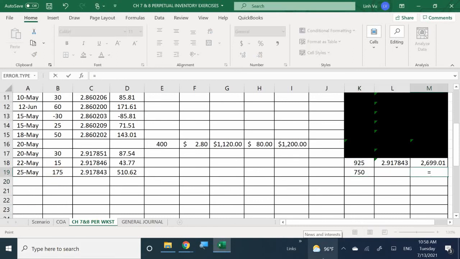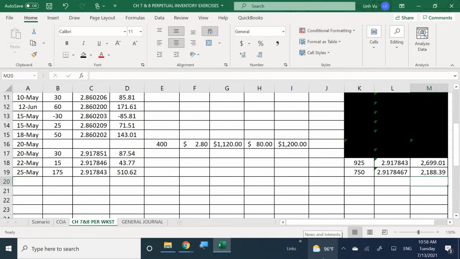So what's my new total cost going to be then? $2188.39. 2188. Good. Perfect. Okay, so here it's now skewed a thousandth of a penny. But that's okay. It doesn't make too much of a difference.